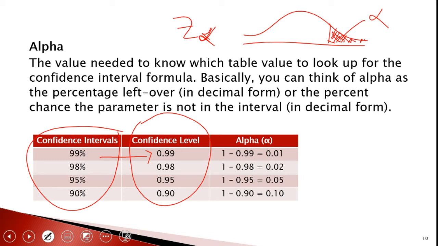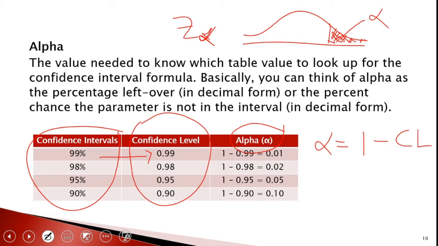Same here: alpha is the area, but in this case you can calculate your alpha by using the confidence level. There's a very straightforward relationship between confidence level and alpha, which means alpha equals 1 minus your confidence level.